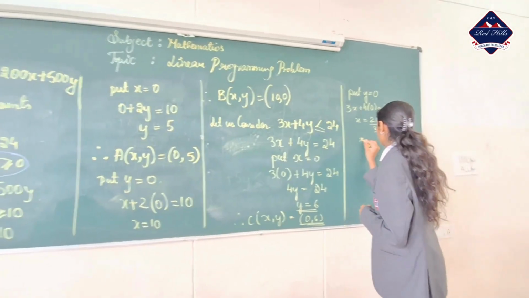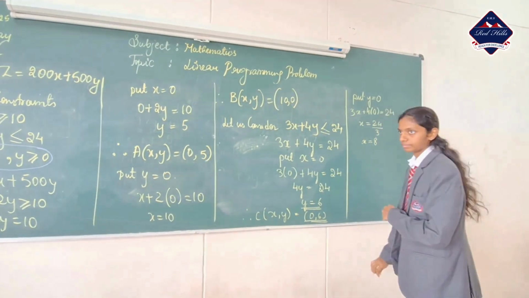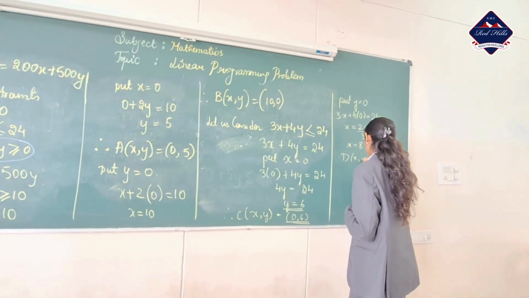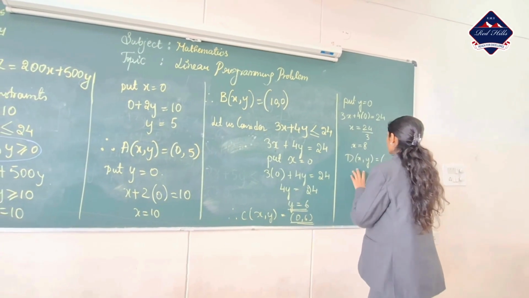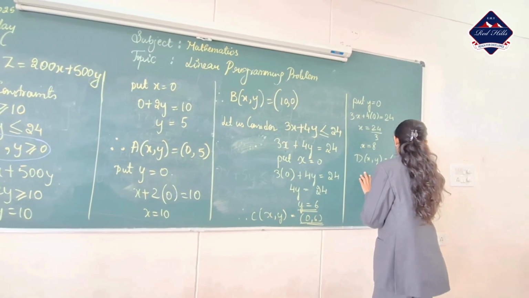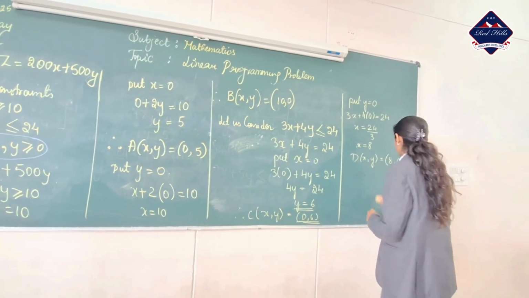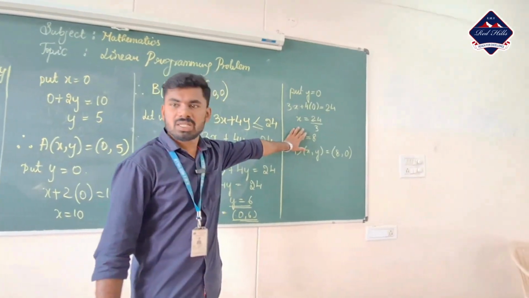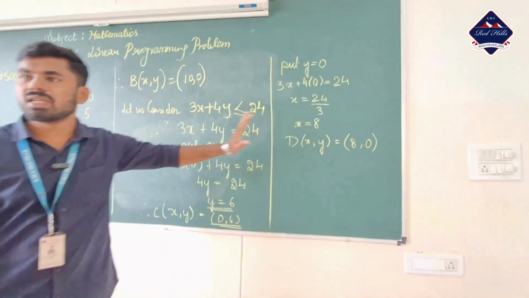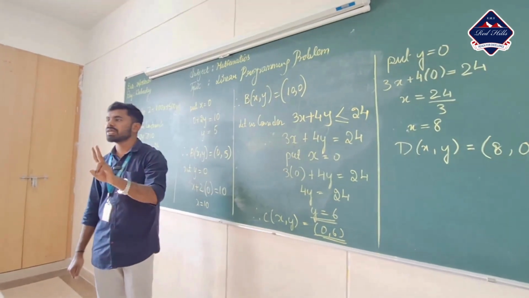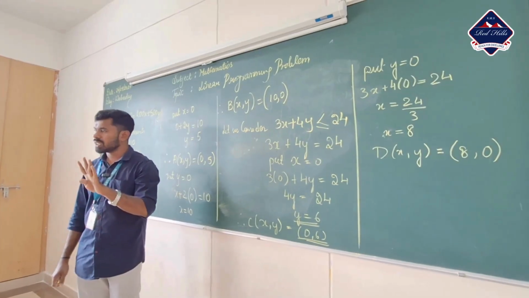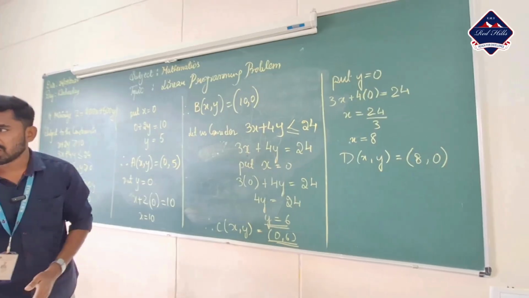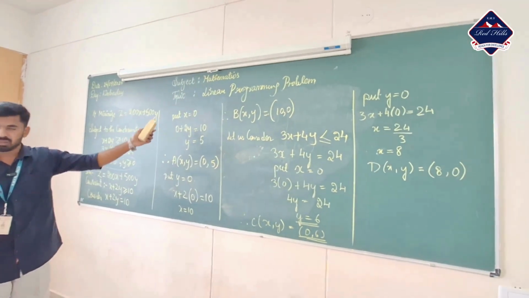That is nothing but 8, 3 eights are 24. Correct. So therefore point D, x comma y. Good. Everybody understood, children? So basically for two constraints, how many points are we able to get? 4 points we had already got. Now let us plot the graph for this. Everybody made a note of this? Okay, fine.